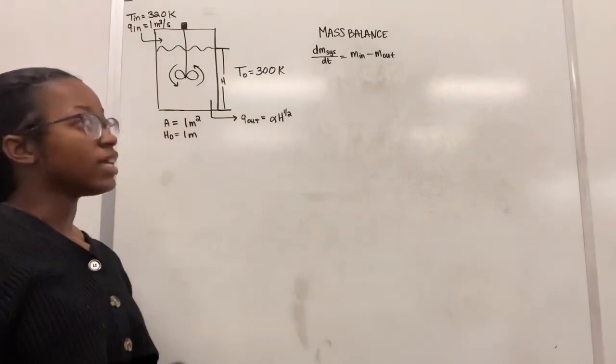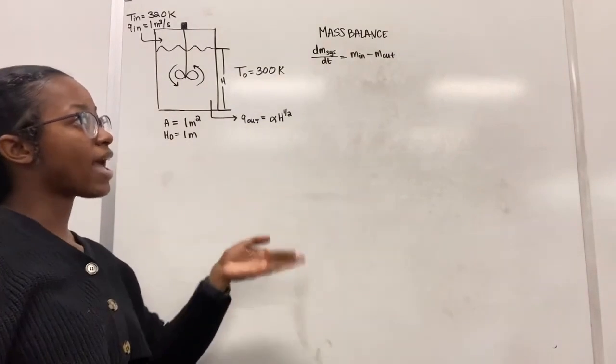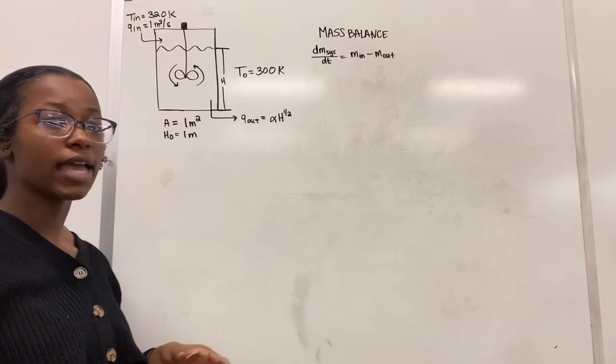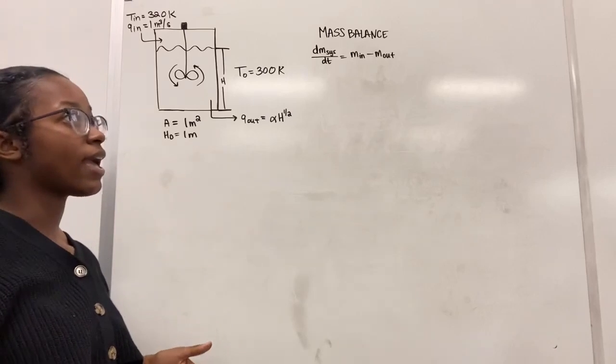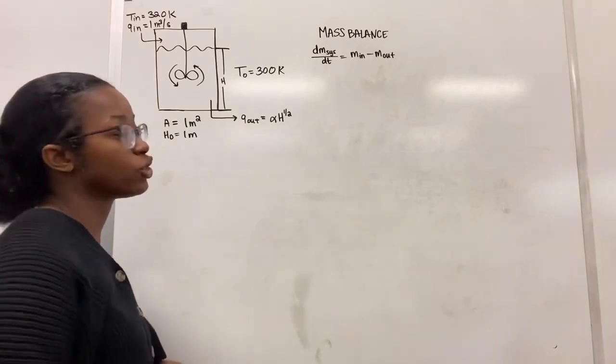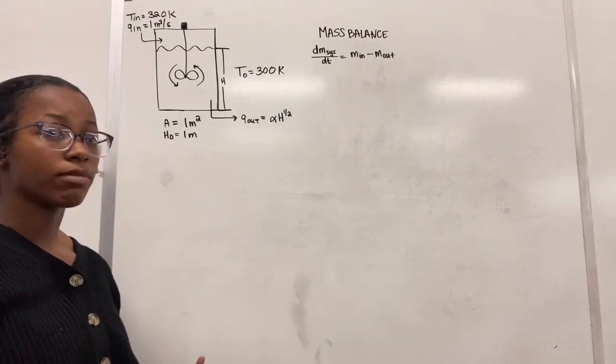And when we look at the change in mass with respect to time, we are creating a mass flow rate, so it should be in units of kilograms per second.